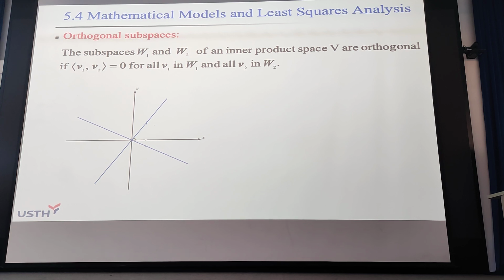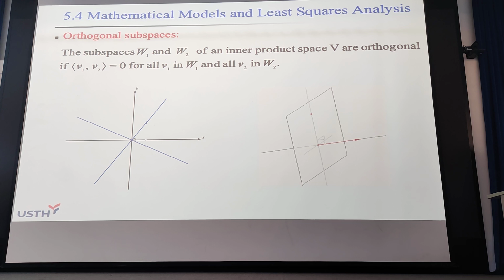Now I make it just a little more complicated by considering the space here. In the space, you consider W1 to be the plane here and W2 to be the straight line containing the red vector here.